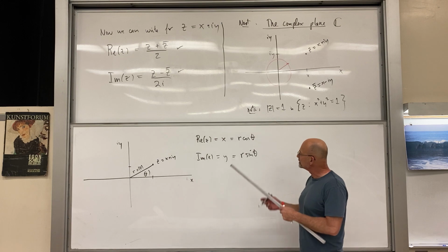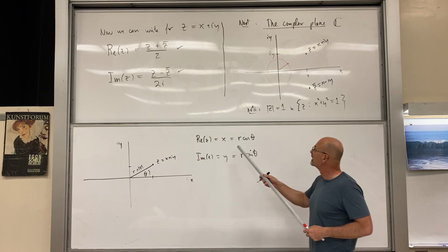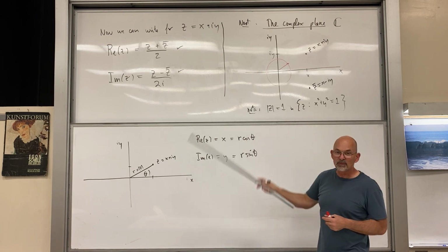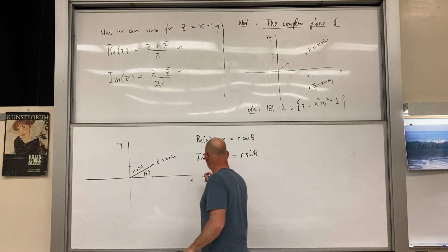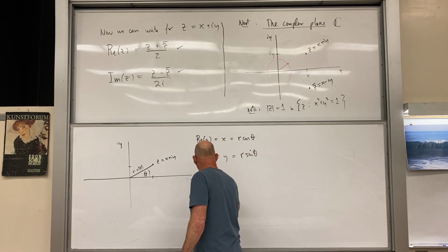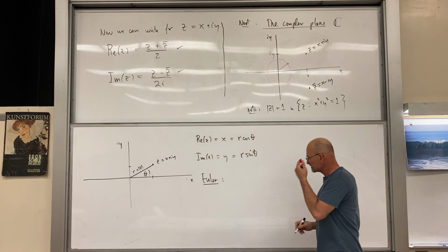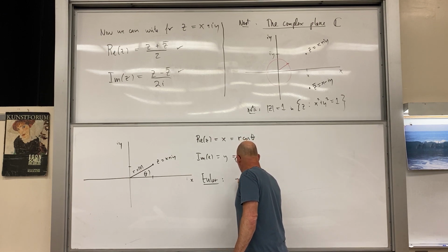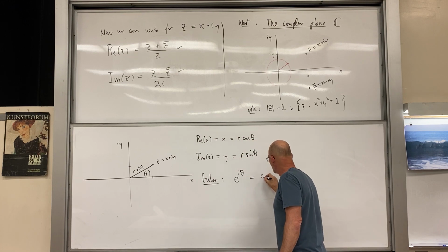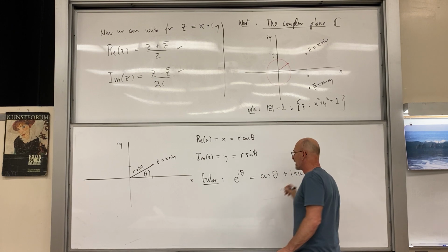Now, if we were going to multiply these together, a z1 and a z2, it seems like we'd be running into the same problems we had up above. But now this amazing identity comes into play due to Euler, and that is the following: e to the i theta is equal to cosine of theta plus i sine of theta.